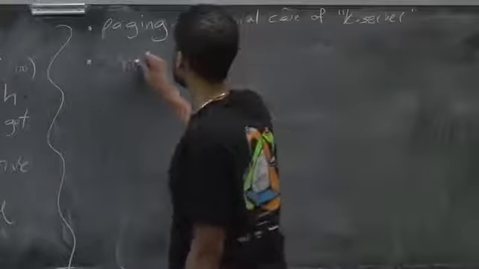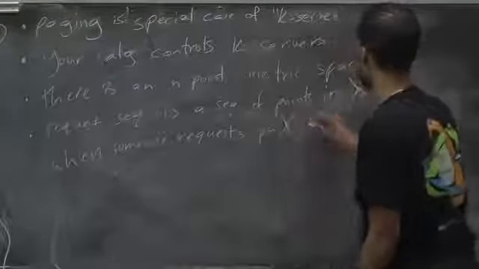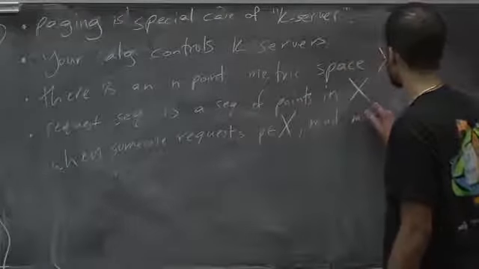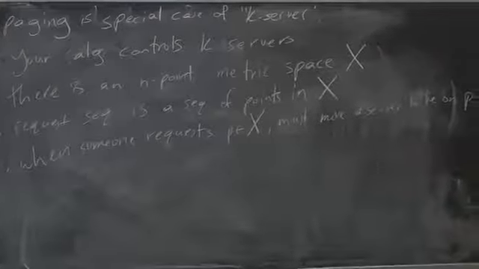So a request sequence is a sequence of points in this metric space X. And when someone requests a point P in this space, you must move a server to lie on P. So your k servers are always living on some k points.